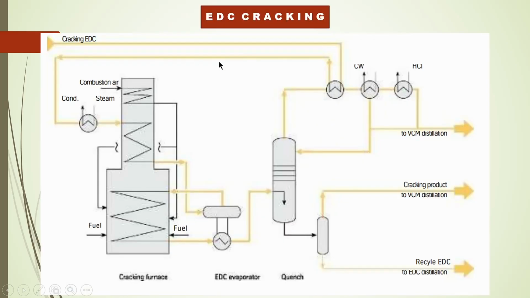Let us shift to our second objective, which is to decrease the coke production. So what happens here? This EDC is not well purified, and the coke production here increases.